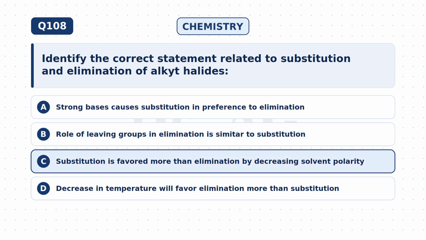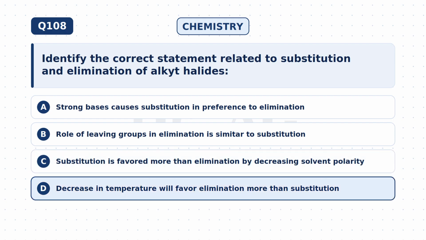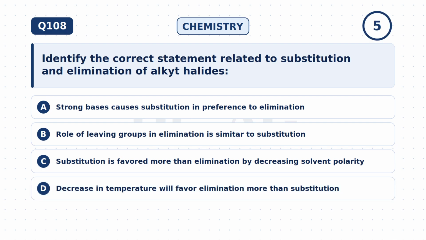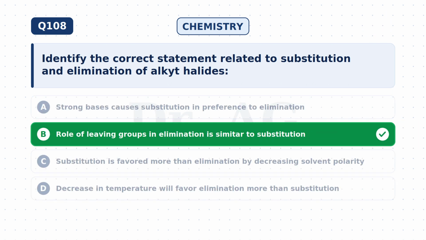Option C, substitution is favored more than elimination by decreasing solvent polarity. Option D, decrease in temperature will favor elimination more than substitution. The correct answer is B. Role of leaving groups in elimination is similar to substitution.